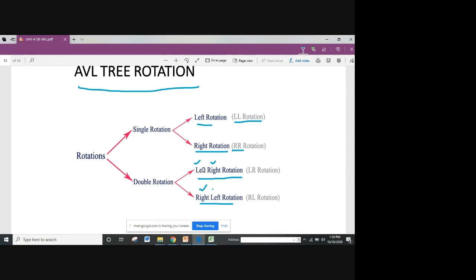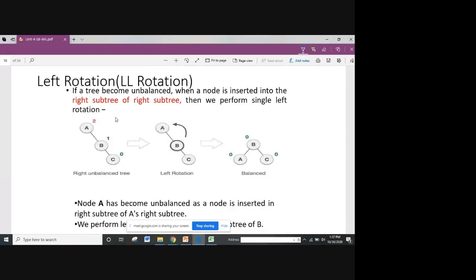Once you have rotated left but your tree is still not balanced, you will be doing right. That is called LR rotation, and likewise RL rotation, right and left. If you are rotating two times continuously, it is called double, otherwise single rotation. It is very easy if you understand. So left rotation is what I called LL.